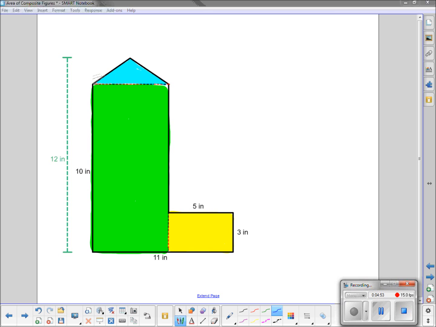By breaking it at those two locations, I've now created 3 separate shapes: two rectangles and a triangle. And now I'll need to find the area of each of these three shapes.